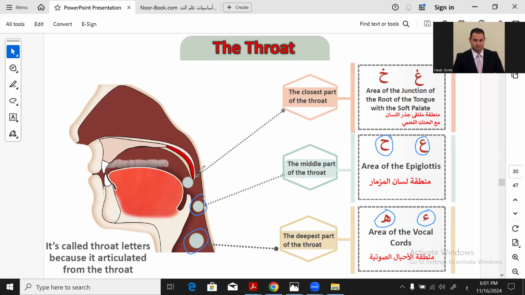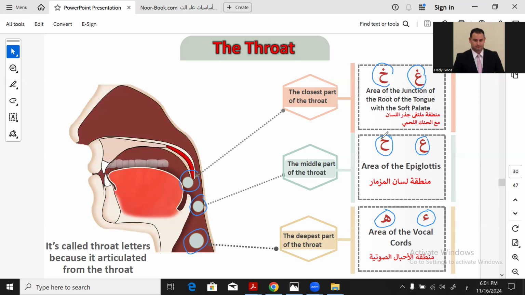The last one is the closest part of the throat, which is called the area of the junction of the root of the tongue with the soft palate. It includes letter Ghayn and letter Kha.